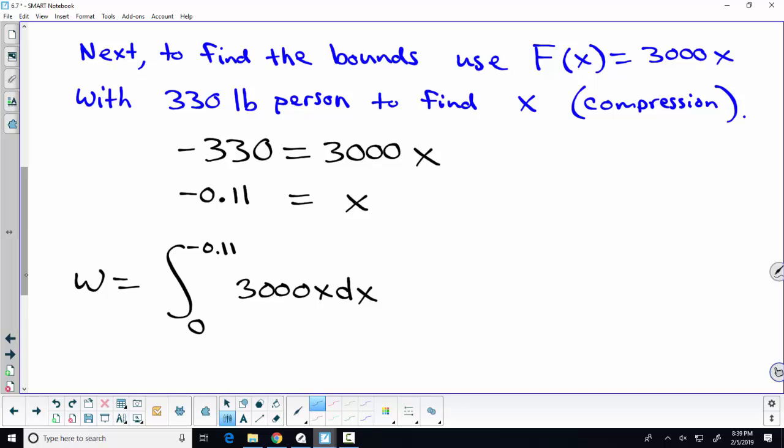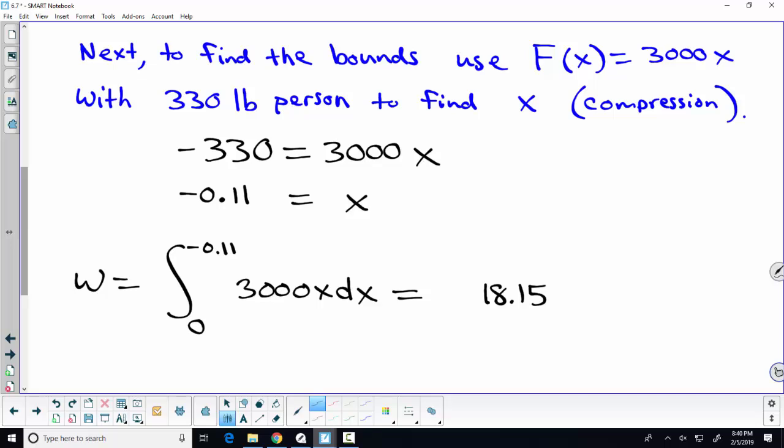What would our units be? So what would our units be for this? Let me write down the answer. 18.15. No, not joules. None. So the 3,000, what are the units associated with the 3,000?